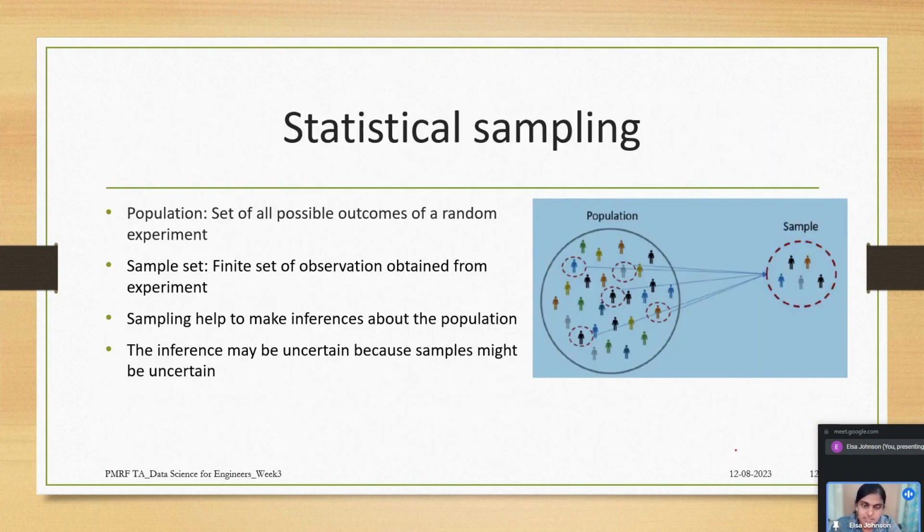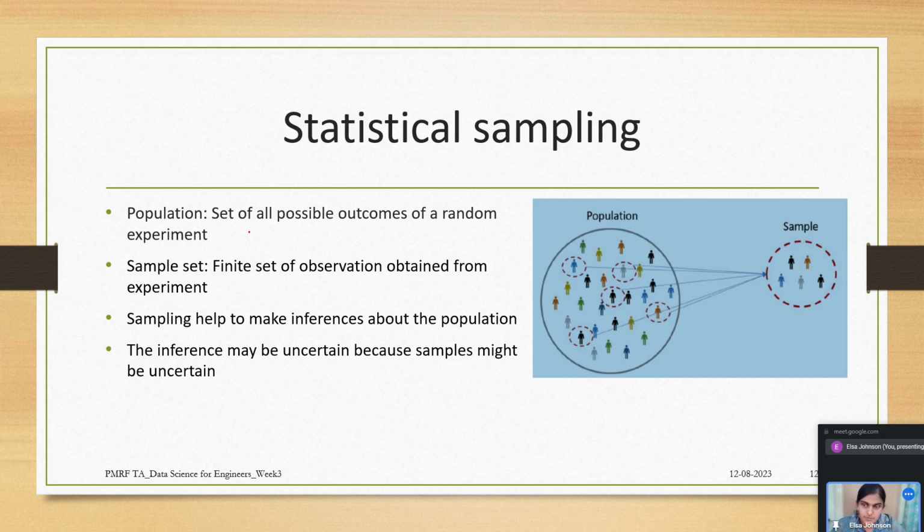Then statistical sampling. In this figure you can see a whole population, and from that population some people are sampled. So this is a sample of some set in the population.